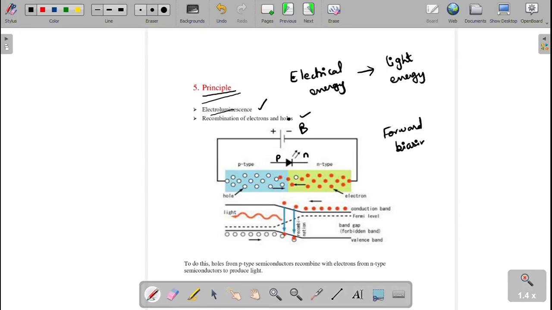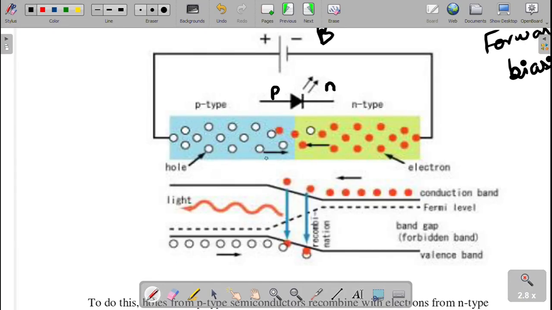So how is the light energy produced? See the diagram now. This is the p type energy band gap diagram. Holes will be present in the valence band, and here this is n type. Electrons will be present in the conduction band. Due to this forward biasing, the holes are forced to reach the depletion region and the electrons are forced to move towards the depletion region, that is the PN junction.